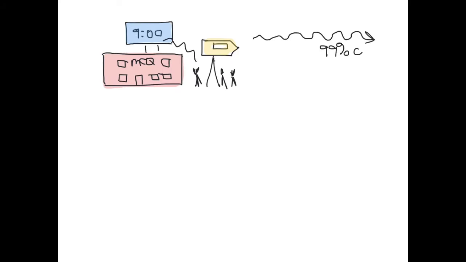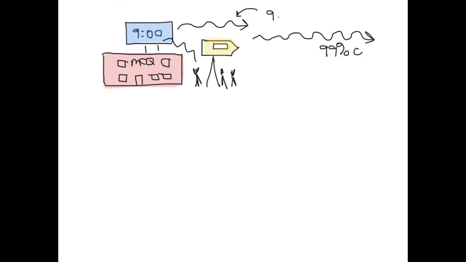But the student in the rocket is not going to see 9 o'clock for a while because that light coming from the scoreboard can't catch up to other light, but it can catch up to the rocket ship. It's just going to take a very long time because the rocket ship is going almost as fast as the light.